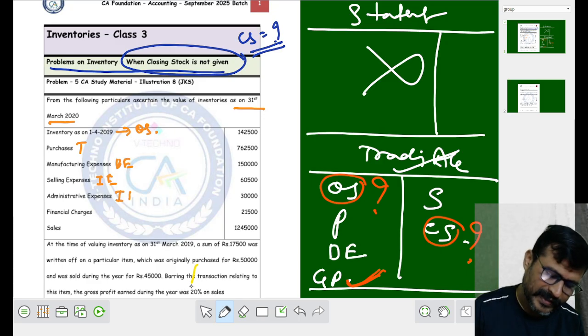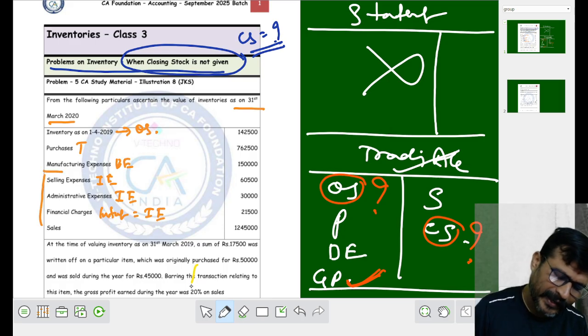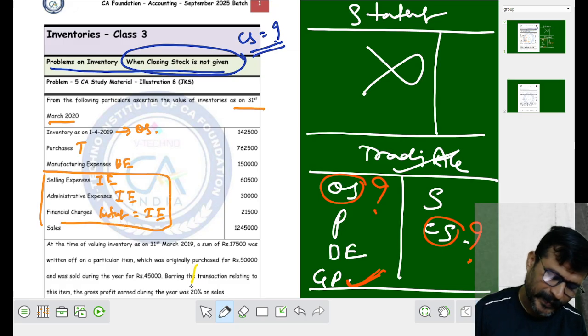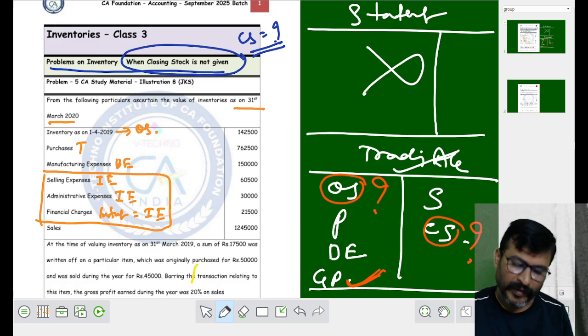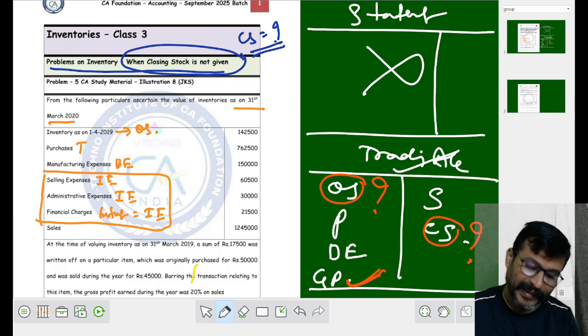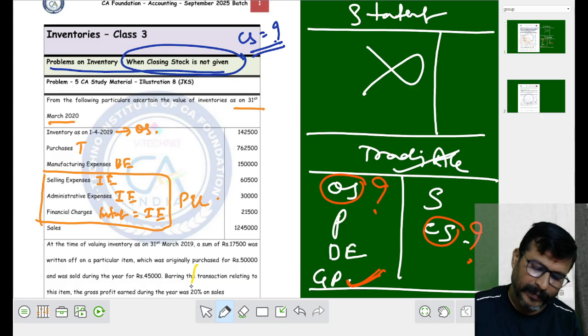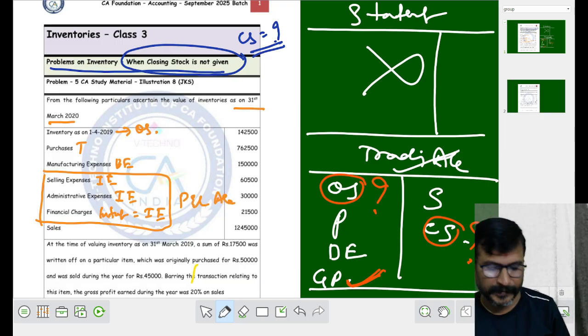Administrative expenses is an indirect expense. Financial charges means interest, which is also an indirect expense. So selling, administrative and finance expenses are indirect expenses. They won't come in the trading account, but they come in the profit and loss account.